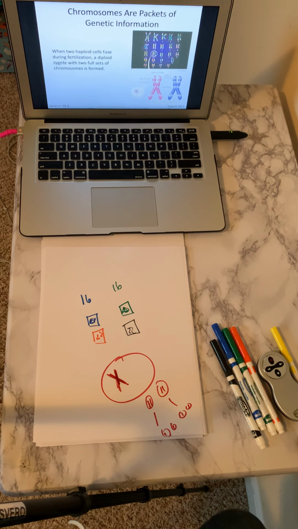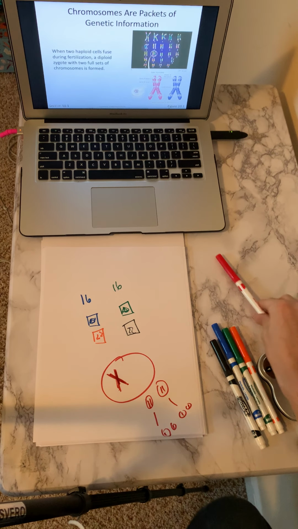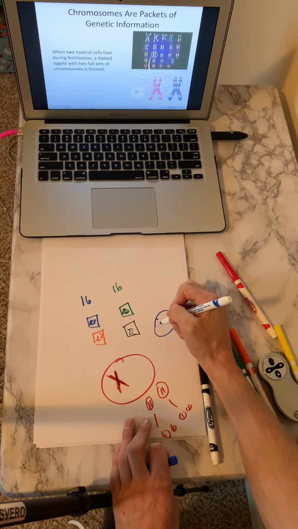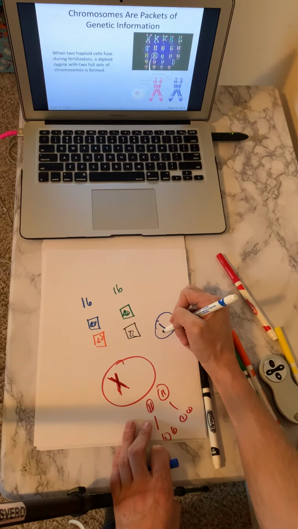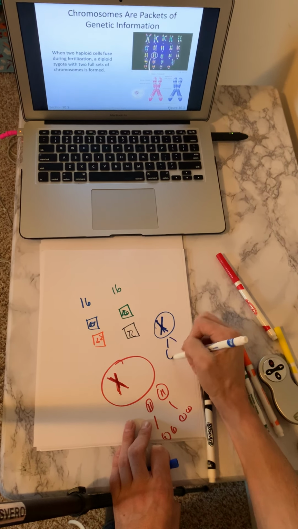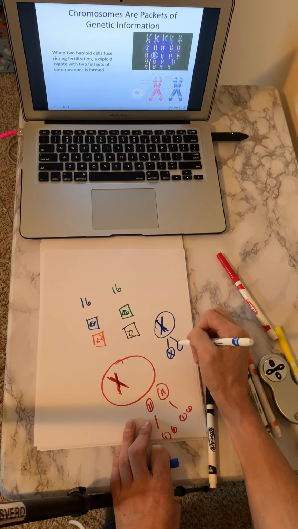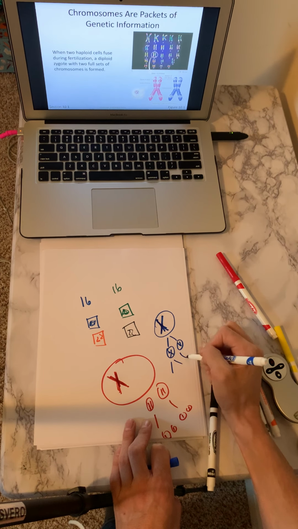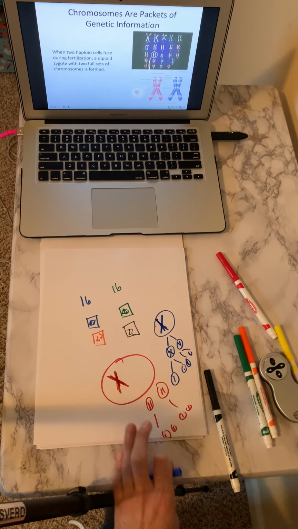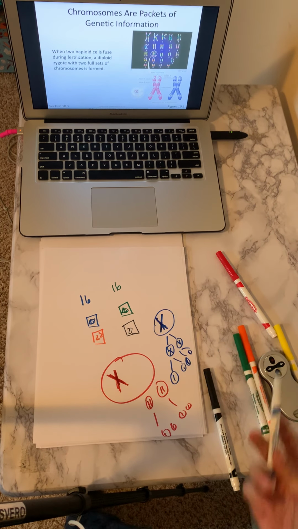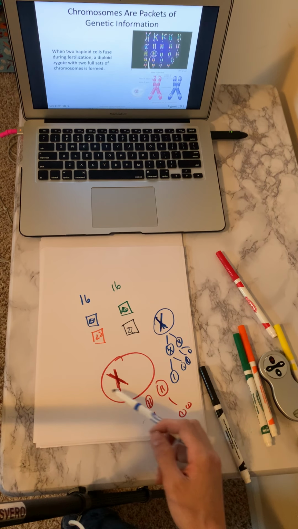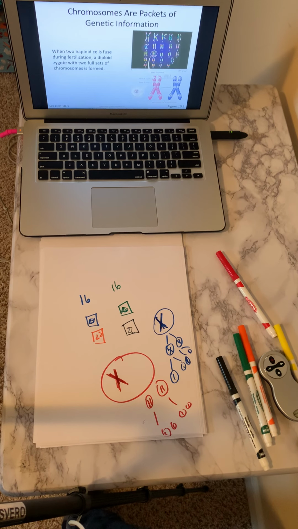So then what's going to happen is in father, the exact same thing is going to happen. He's going to have his copy of chromosome 16 from himself, the mother and his father. It's going to be replicated and split via meiosis into that, which is then going to be split again into 4 sperm cells, which have 1 copy of that chromosome each. So that's the concept of diploid cells, making haploid with 2 copies into diploid down here. Or sorry, diploid with 2 copies into haploid with single cells down here.